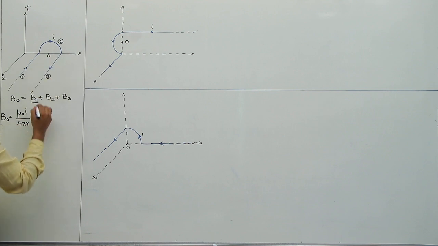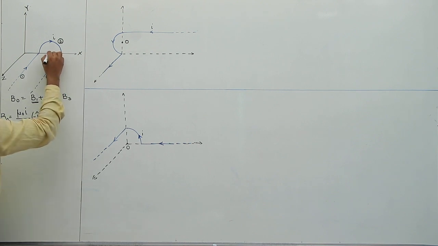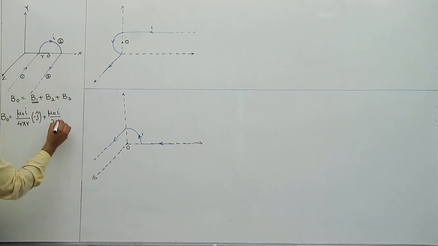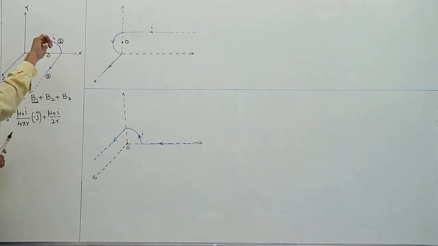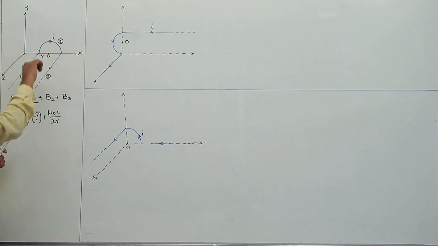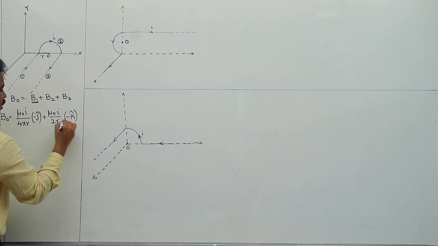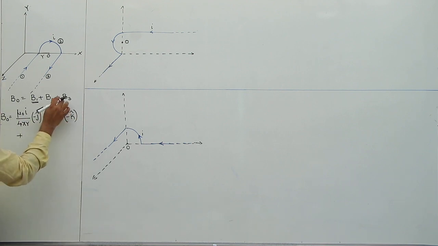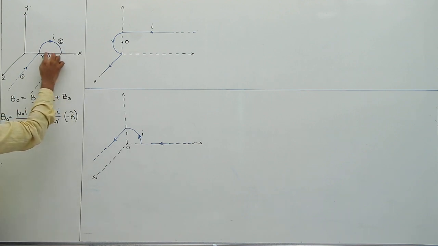Now what is B2? Magnetic field due to this half circle or semicircle is given by mu naught I by 2r, where r is the radius of this one. Let me take it as r here. But what is the magnetic field here? As the current is moving in the clockwise direction, field will be into this one, that is along negative z-axis, minus k cap. Plus B3: here this is a straight conductor, one end of this one.